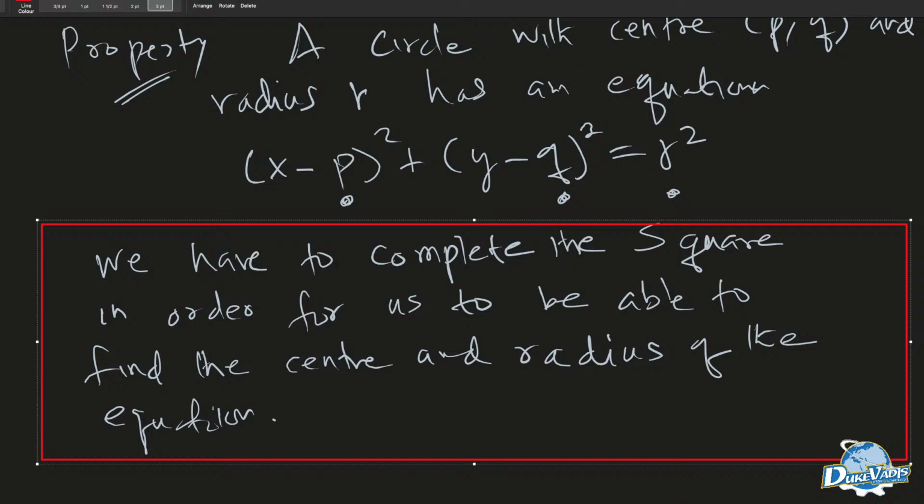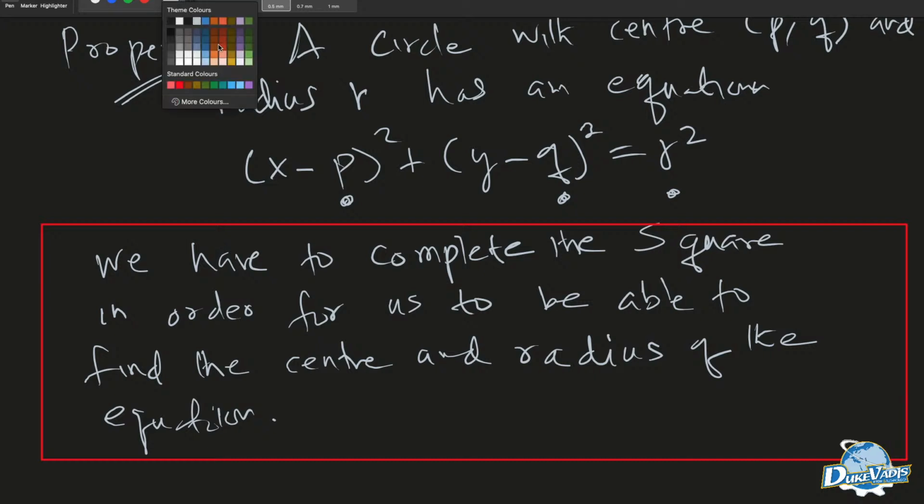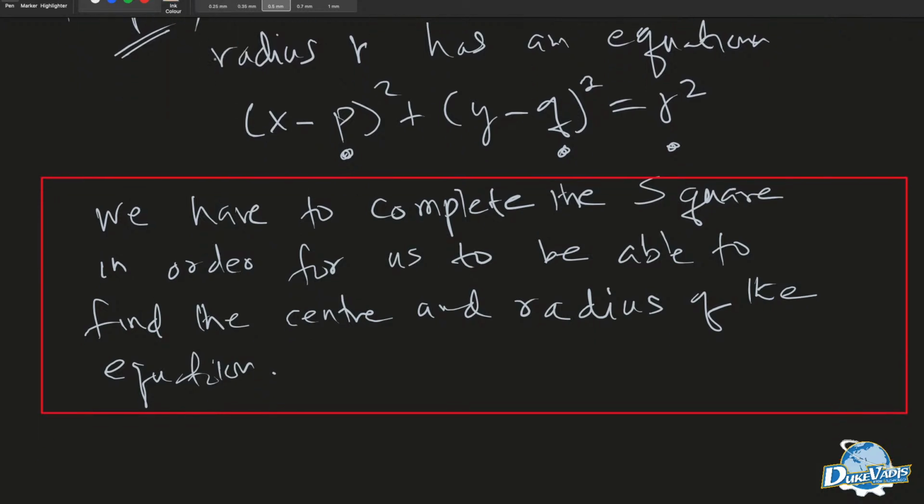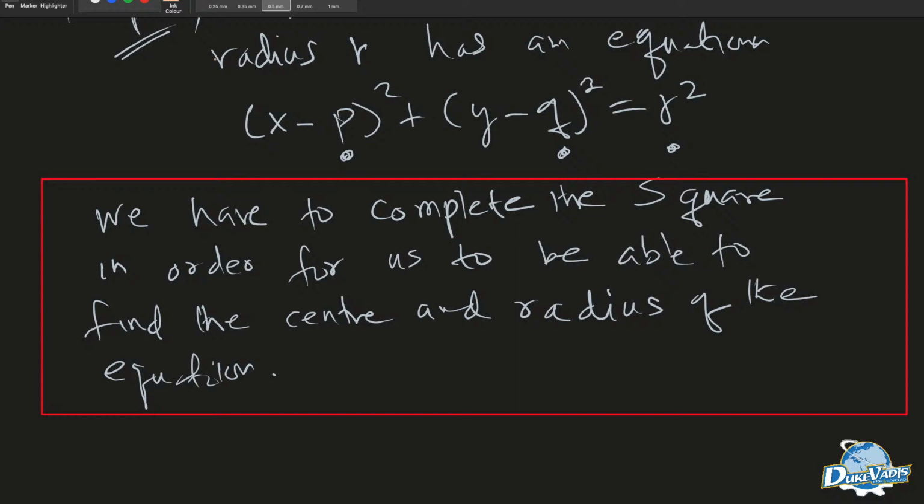Well, I think we got to go back and talk about this. When we talked about quadratic equations some time back, we know the quadratic equation in general is given as ax squared plus bx plus c is equal to 0.